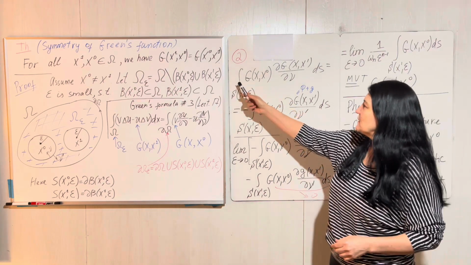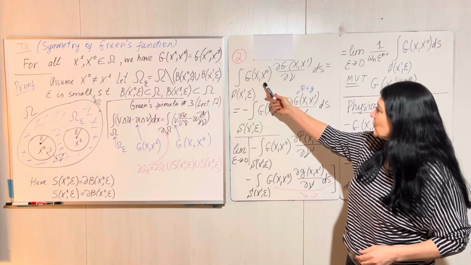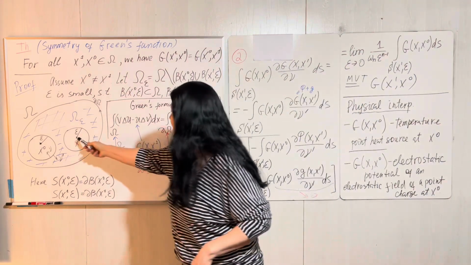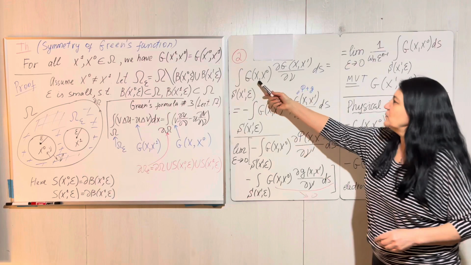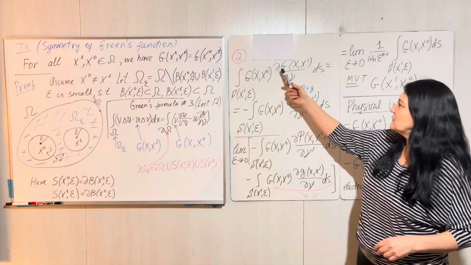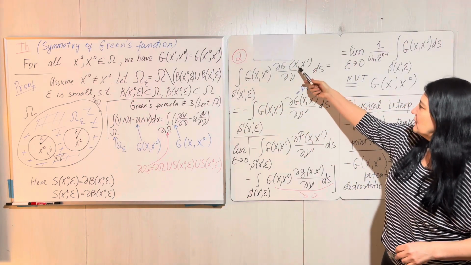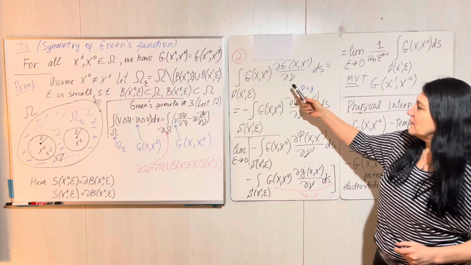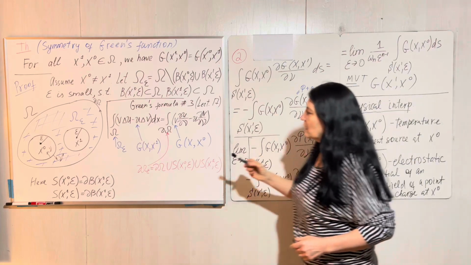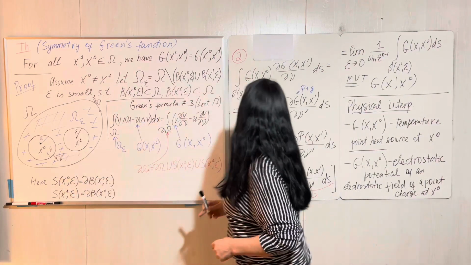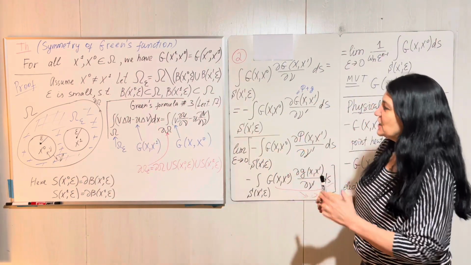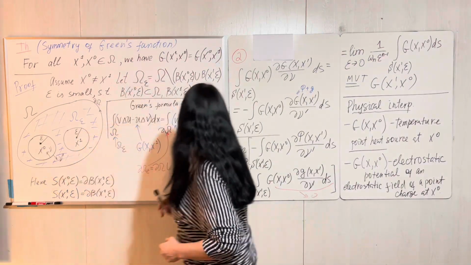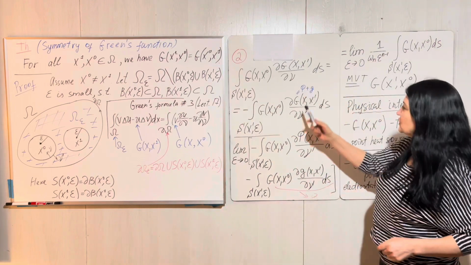So this was this integral over the sphere centered at x1, and we have G at x, x0, and dG of x, x1 d nu. As I mentioned, nu here is the normal pointing towards the center, but we want to differentiate with respect to r, so we switch to the outward normal nu prime, and it will change the sign.